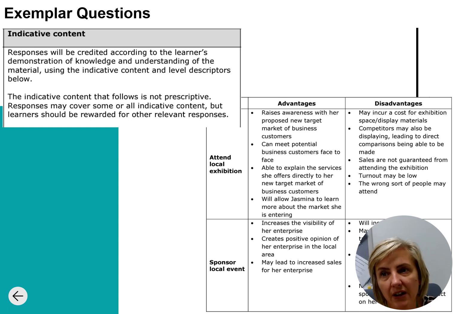So thinking about how they use the scenario, how they use the wider context of business in that, but thinking about the advantages of attending the local exhibition, you can see that there, the disadvantages of that, and they would only need to have one, maximum two of those advantages, again for the disadvantages, and then what about the advantage for the sponsored local event and the disadvantage, and then that key paragraph or sentence that is the conclusion. I think she should do this because... That is the key response there for those 6-mark questions.